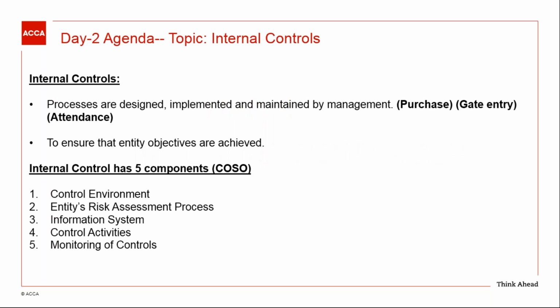The question which is tested in the exams, approximately 15 to 20 marks, comes on internal controls. You are going to be tested on this topic for about 15 to 20 marks.